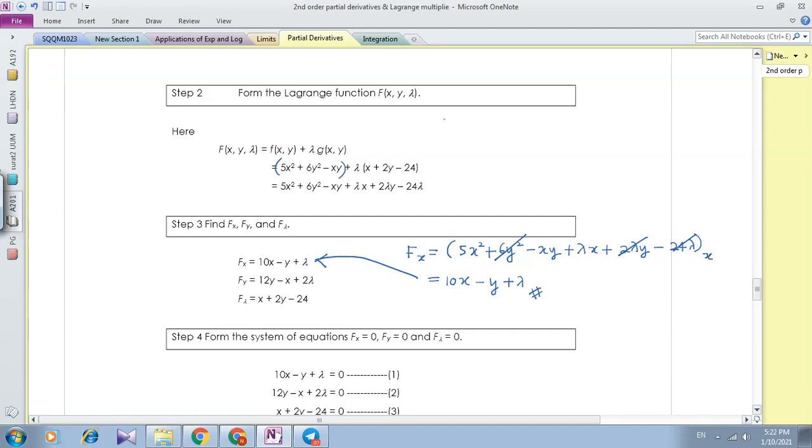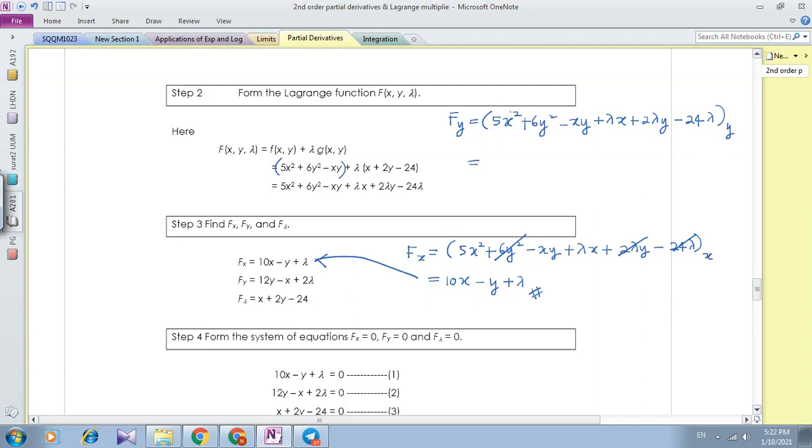Let me do it once again for F of y. So 5x squared plus 6y squared minus xy plus lambda x plus 2 lambda y minus 24 lambda, and we are trying to find the partial derivative with respect to y.